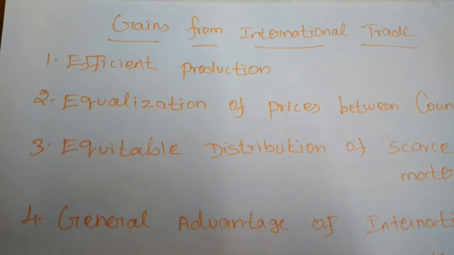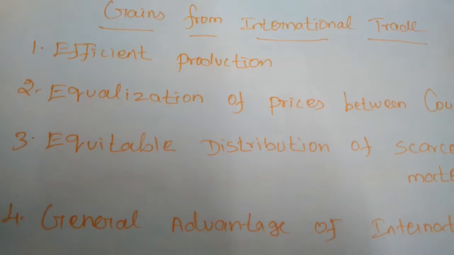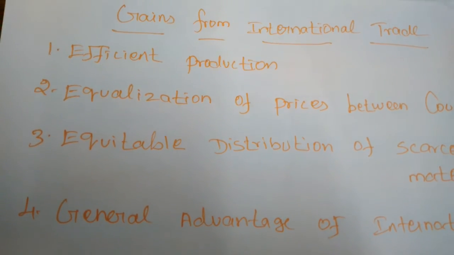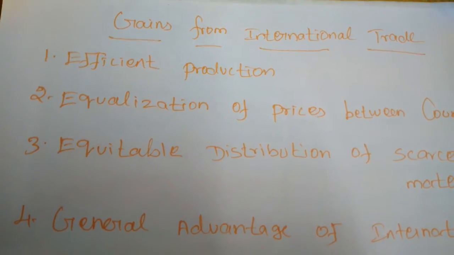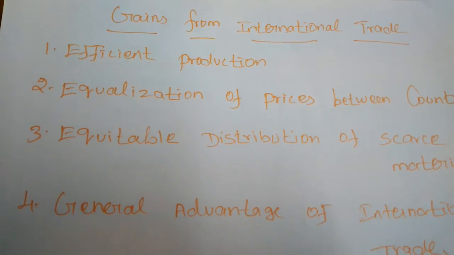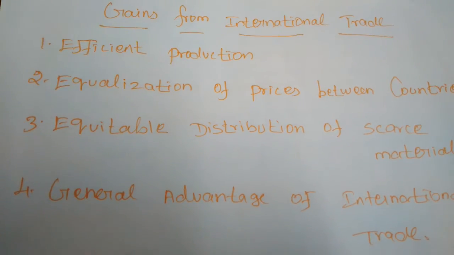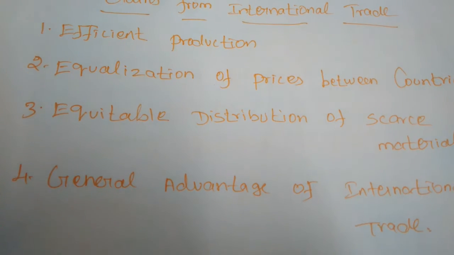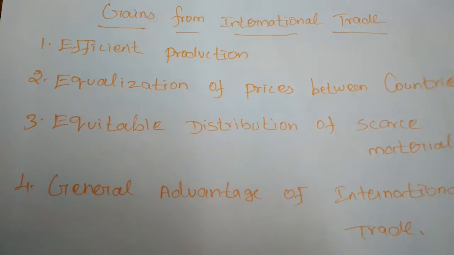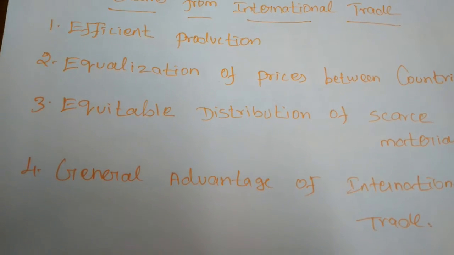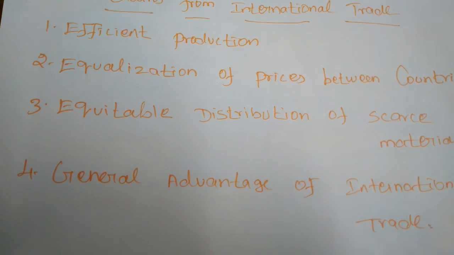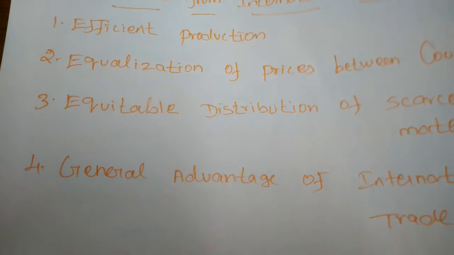Next, concentration in the production of goods in which it has a comparative advantage. When the nations predict the comparative cost advantages, no nation will produce every commodity, and it will use the advantages from the other nations.